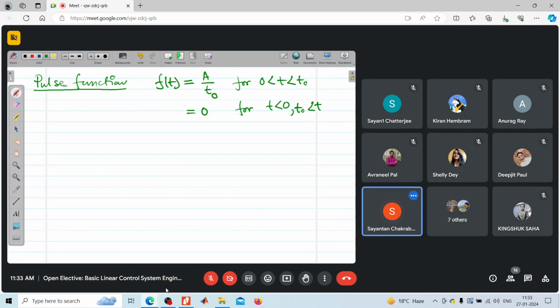So if we try to draw the corresponding nature of the pulse signal between 0 to t0, we have a signal like a by t0 between 0 to t0.